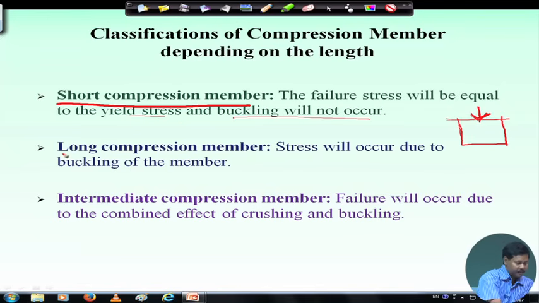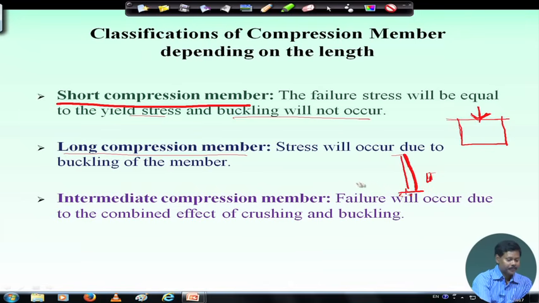Another type of member is called a long compression member. In this case, failure will occur due to buckling. That means its length may be like this, but its cross section is quite less. So, in this case buckling may happen before yielding of the material.